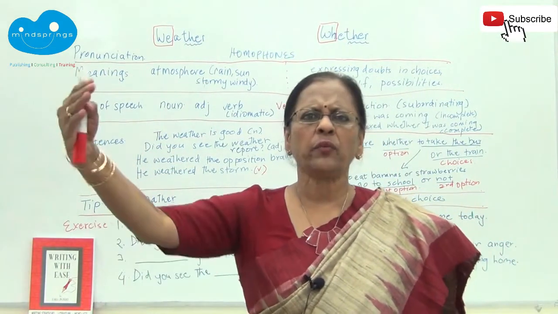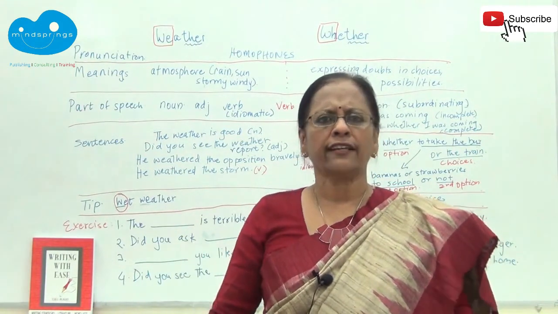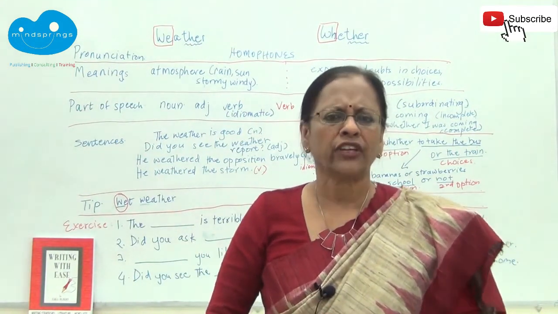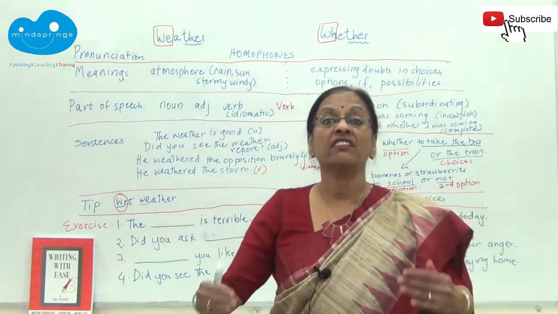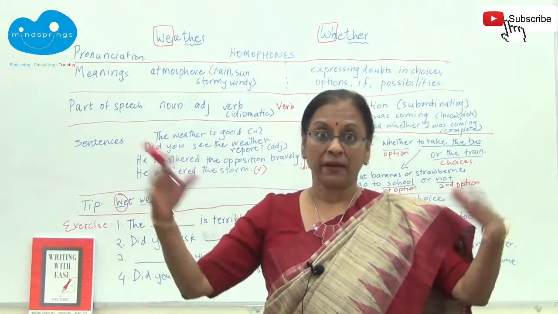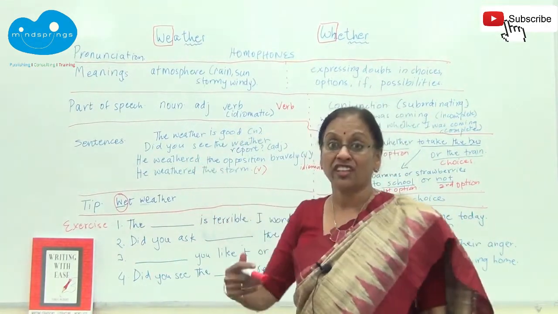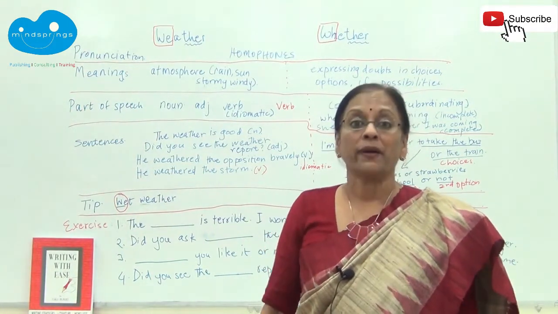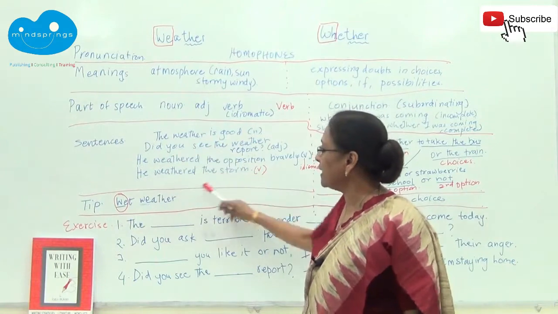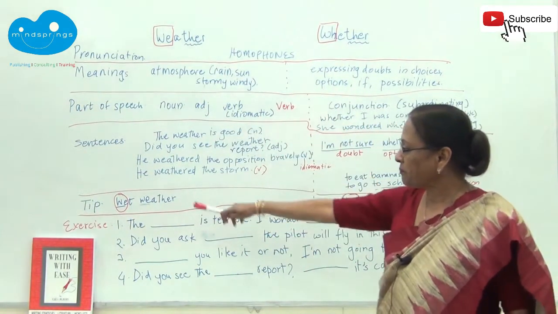So if everyone in the parliament is against you and they're screaming at you, and you stand there strong and you have great conviction and you explain yourself, then you say he weathered the opposition. So it was like bad weather and he stood firm. It's a nice one to write in your essays because it's idiomatic. So that's your sentences: noun, adjective, verb, idiomatic verb.